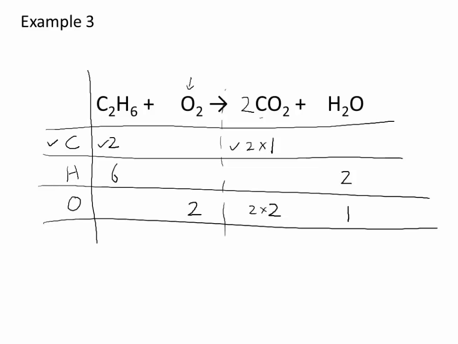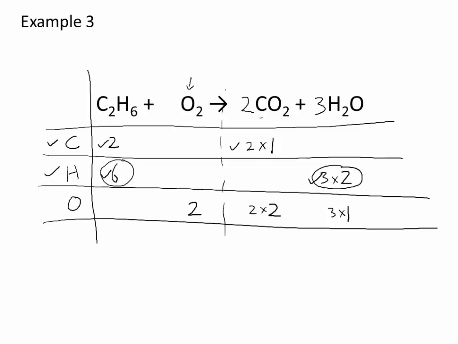Carbon is balanced. Now there's 6 hydrogen on the left hand side, so I must times 3. Everything must times 3 under the water. So I have 6 balanced with the 6 in front, balance.